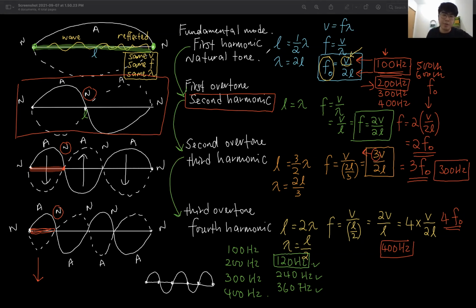The frequency goes f naught, 2 f naught, and then 3 f naught and 4 f naught. It increases in integral multiples like this. And the formula also you need to know, the frequency formula, because the frequency formula is different for each harmonic.